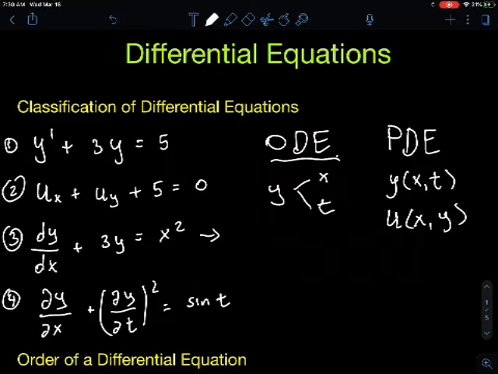So let's go through examples. In example one, we have y prime plus 3y equals 5.